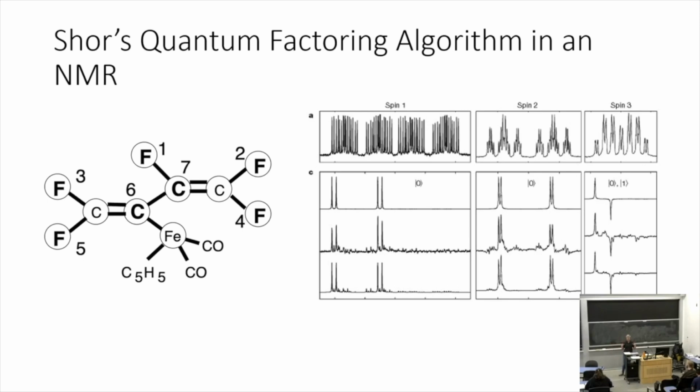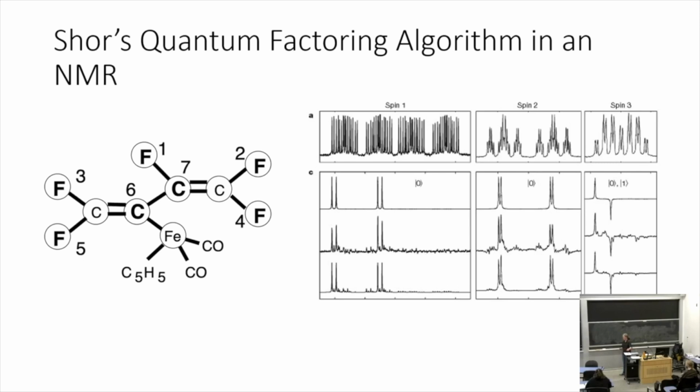The general circuit is the same, but how they actually get it to do the A to the x mod n part requires a lot more work. But they were able to do both. The noise in the second experiment for the A equals 7 is more, but it's pretty cool.